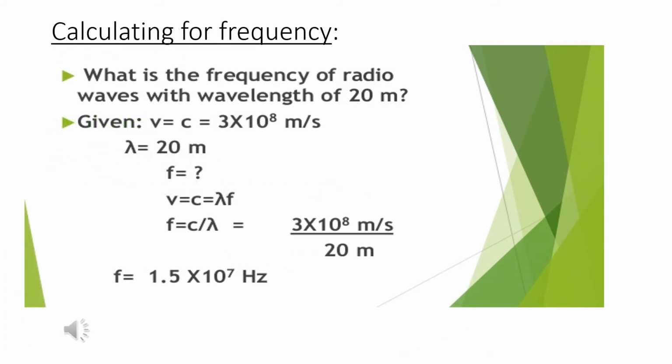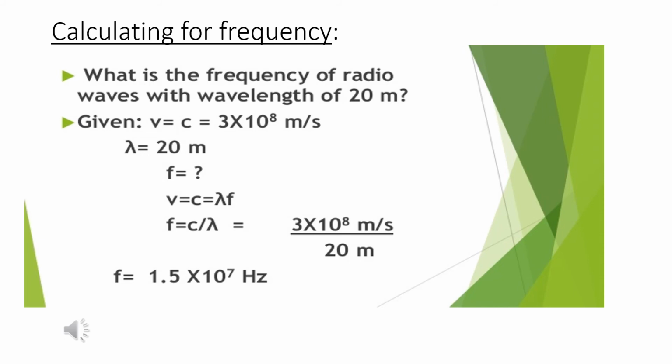What is the frequency of radio waves with a wavelength of 20 meters, given that the wave speed is 3 multiplied by 10 to power 8 meters per second? So what do we have? 1, we have the wavelength. 2, we have the wave speed. Now what is missing? The frequency.